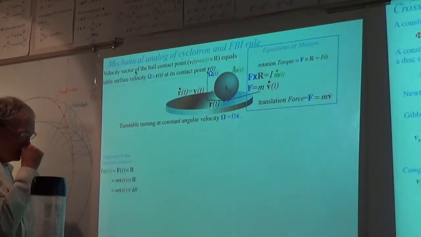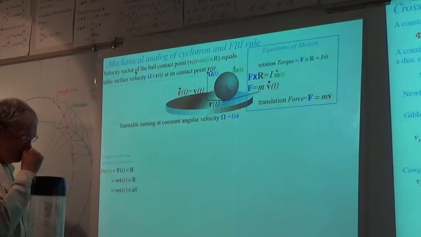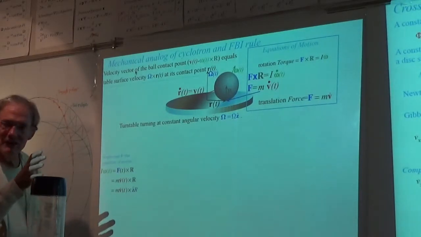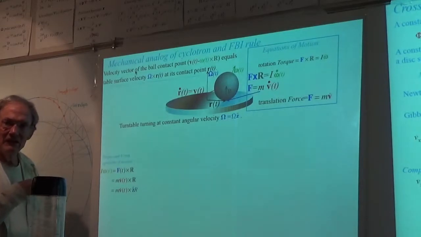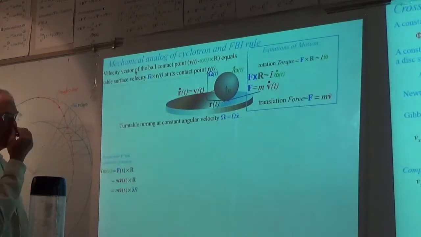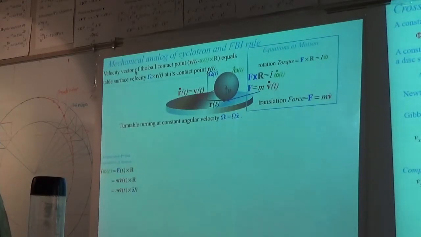I usually go r cross v equals p, and then r cross p is angular momentum, and dL by dt is the torque. Yeah, that's certainly equivalent, except for internal signs.